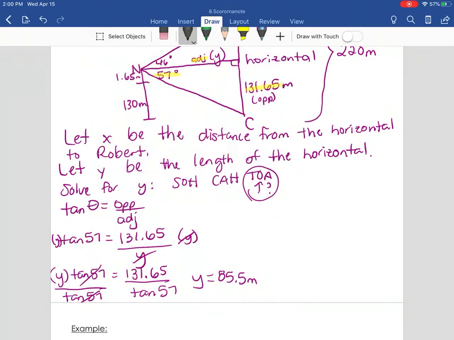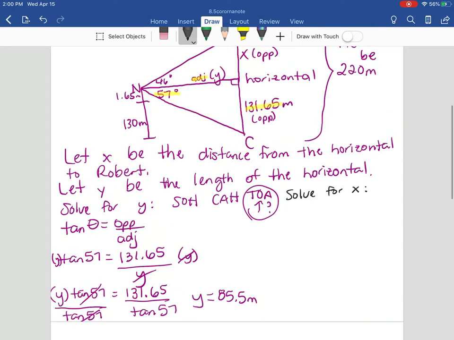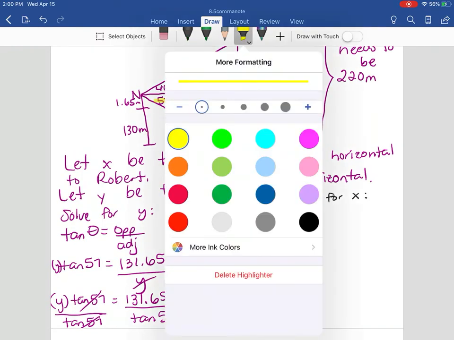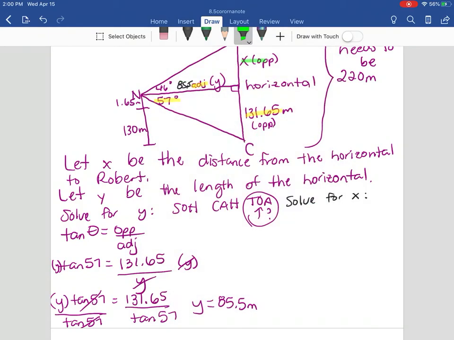Okay, so now we can solve for X. Let me just change the color here. And if you want, go back to your picture and fill it in. So now we know this is 85.5. So now for 46, we have the opposite side, and we have the angle, and we're looking for the opposite side. We have the adjacent, and we have the angle.